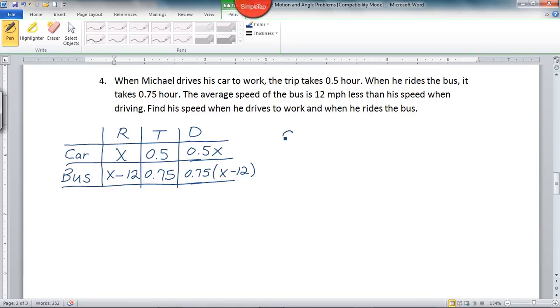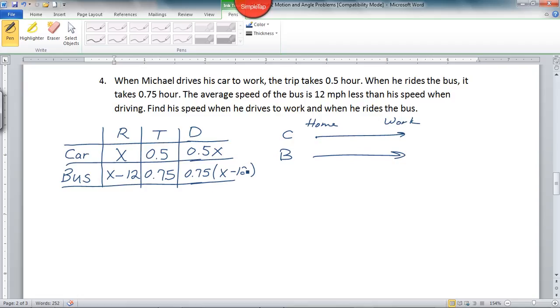So he drives the car, here's his home, here's work. Driving the car, here. Takes the bus, home to work. That's the distance he travels there. What's the deal here? Well, we've got the same distance, don't we? We've got from home to work in both cases, so their distances are equal, so that's our equation.